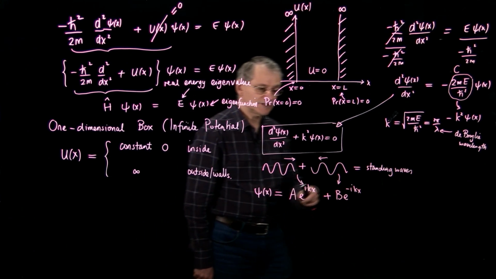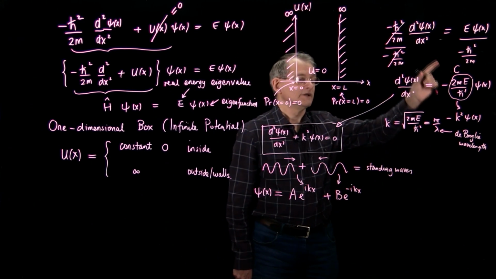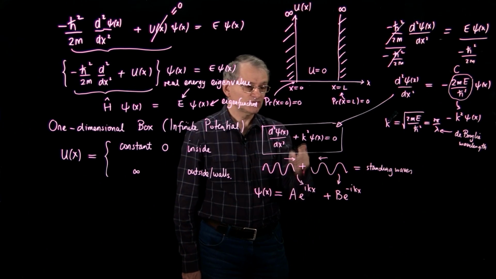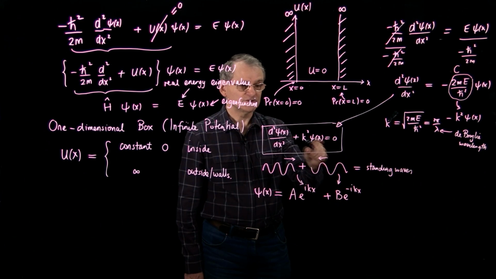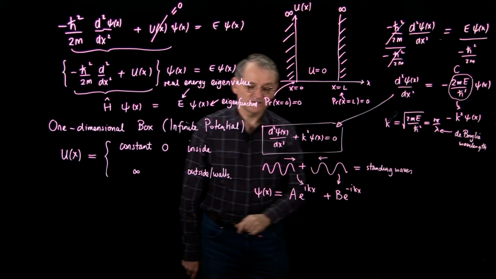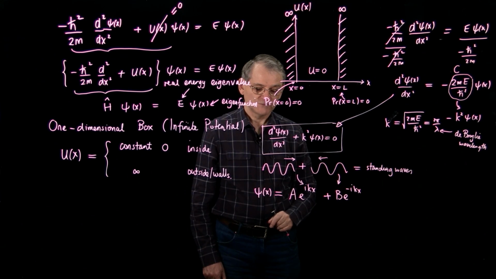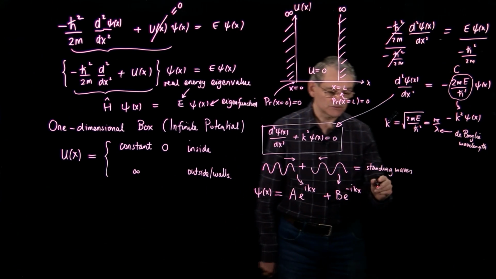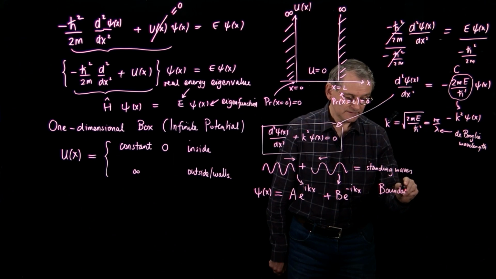And indeed, you can substitute this solution into the equation here and show that indeed that's a solution to this differential equation. Because the Schrödinger equation is linear, the sum of the two is also a solution. So what we need to do is to impose boundary conditions on the general solution.